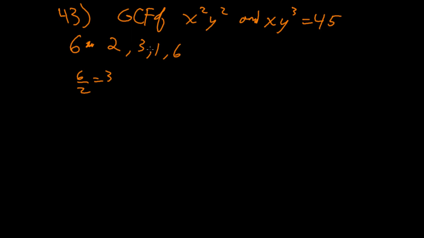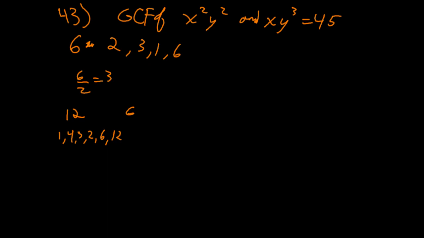If you take 6 and divide it by 1, you'll be left with 6, which is a whole number, etc. Now, the greatest common factor is if you have two numbers, say 6 and 12. The factors of 12 would be 1, 2, 3, 4, 6, and 12, because all these numbers can be divided into 12 and leave a whole number, and the factors of 6 would be 1, 2, 3, 6.